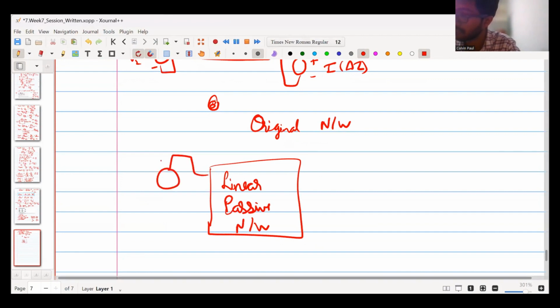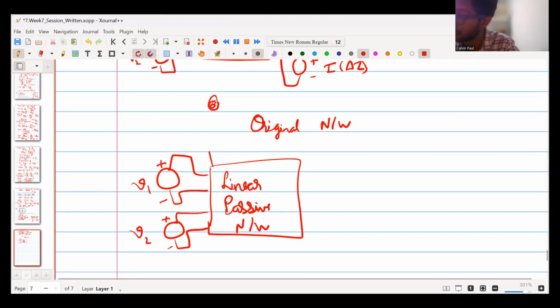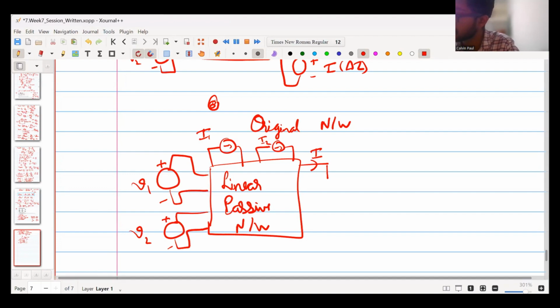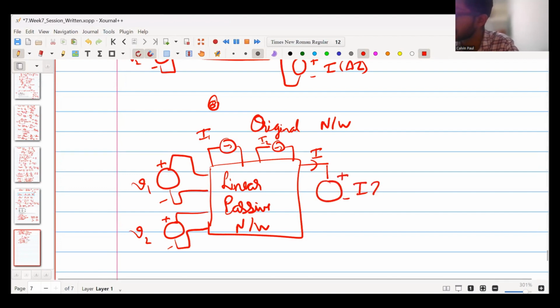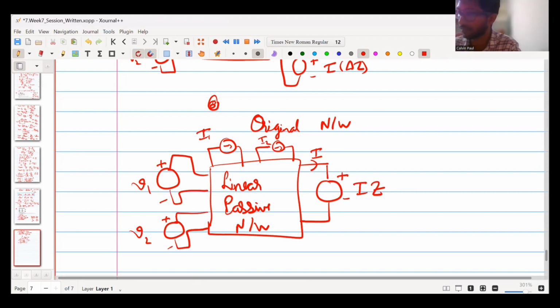It has my V1, V2, I1, I2, into I into Z, or that we replace it by plus minus I into Z. Right? Is this correct? This was my original network.